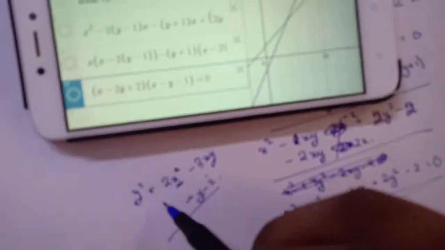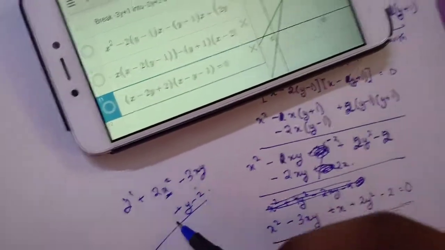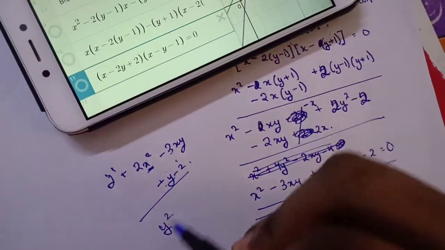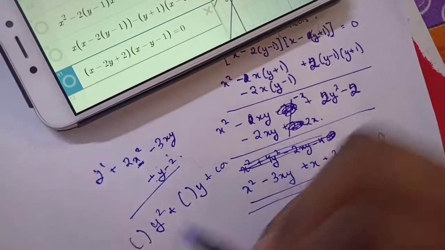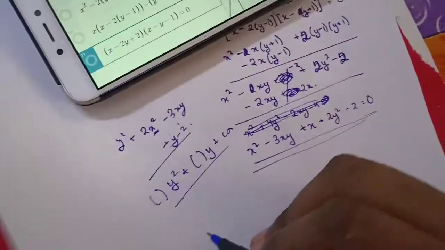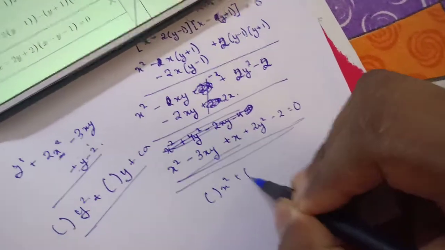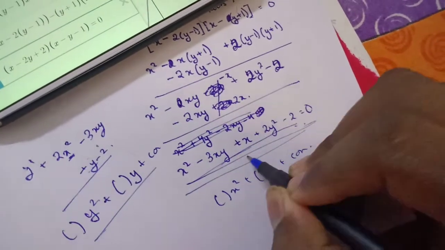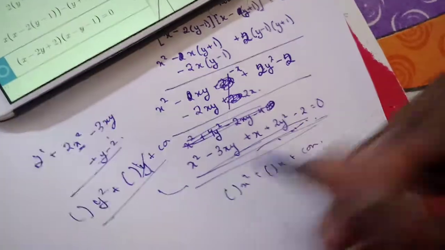In whichever term you can find a quadratic equation, you will solve for that. In our question that we solved, it was x² plus something x plus a constant. So we could not have solved this with this method because there was no y.